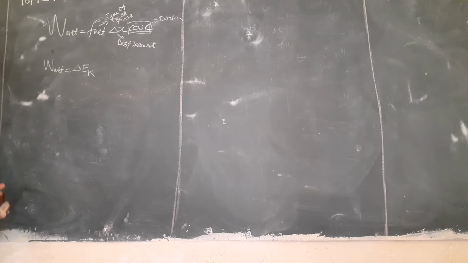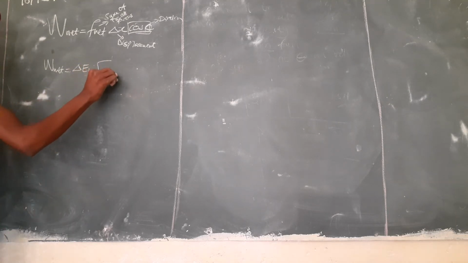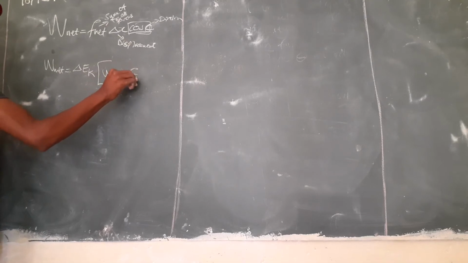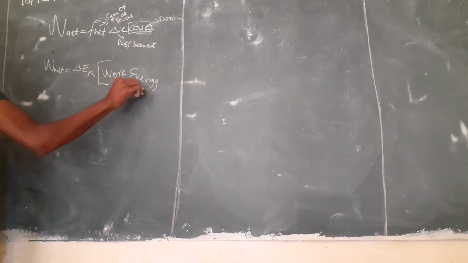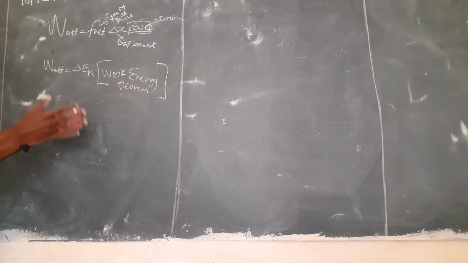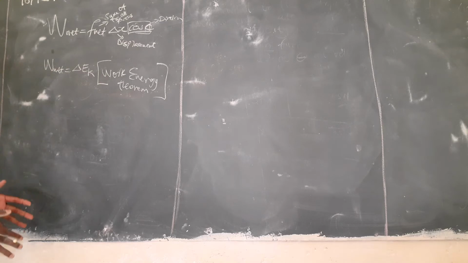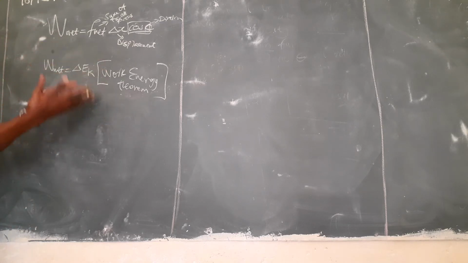This is what we call the work energy theorem. When they ask you to state the work energy theorem, you say it is the net work equal to the change in kinetic energy.